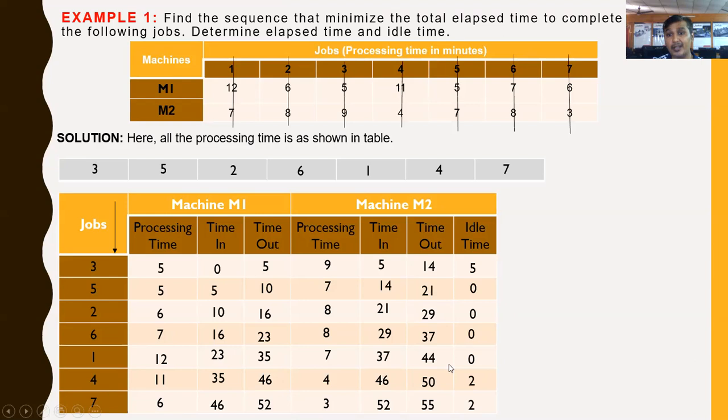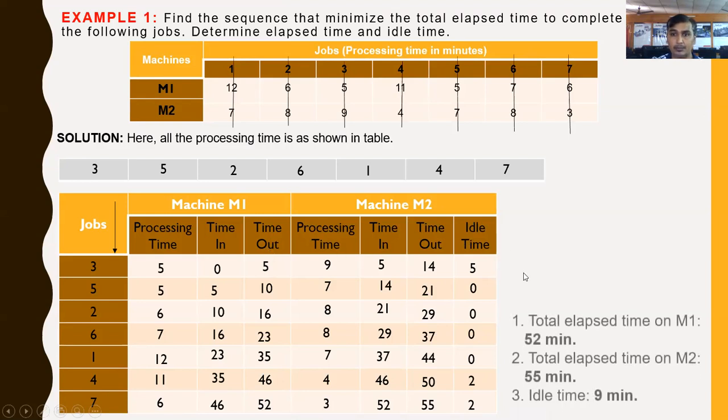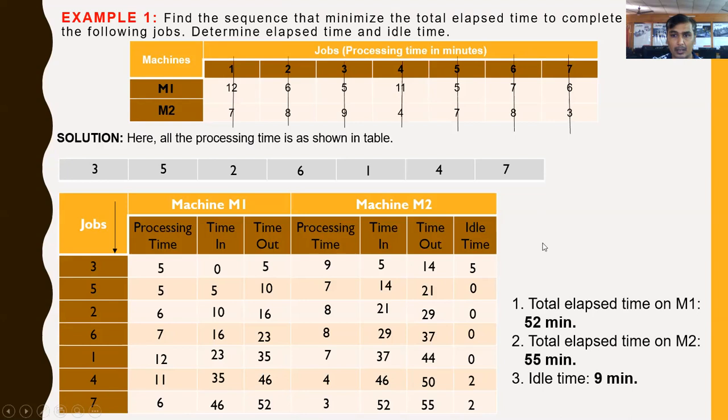So in that way we find the idle time for machine M2. In machine 1 there is no idle time. Last, we have to determine the elapsed time and idle time, meaning we have to find the total elapsed time on both machines, and also the idle time.